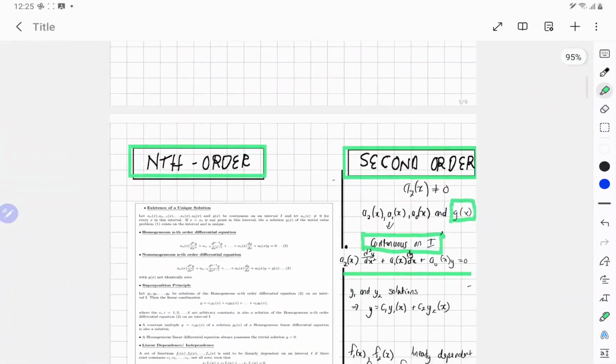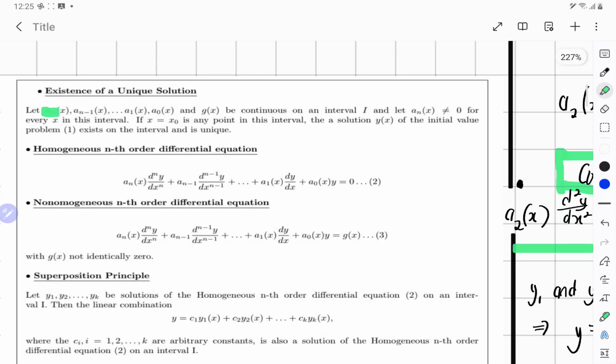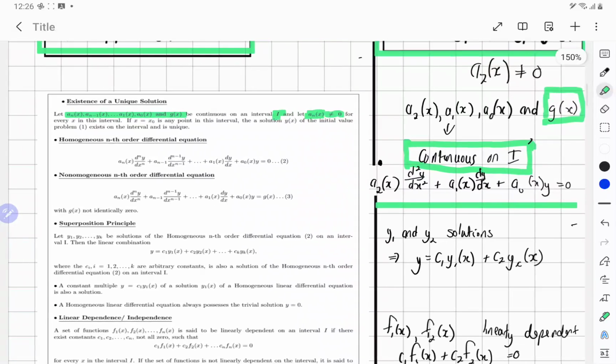Now, equivalent to second order, they must all be continuous, and g(x) must be continuous on the interval I. And like I've just said, equivalent to second order, a_n(x), that is the coefficient of the highest order derivative, must not be 0. And this is for all x in the interval. So that is very, very important.